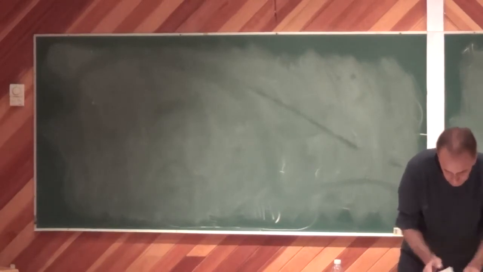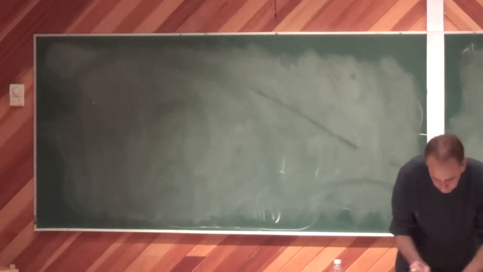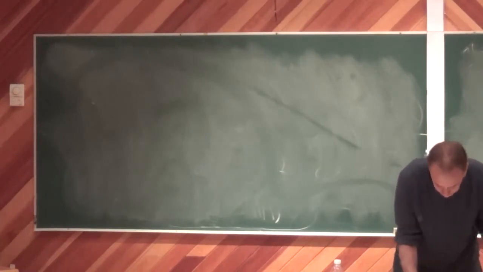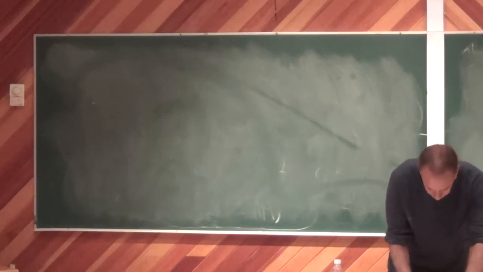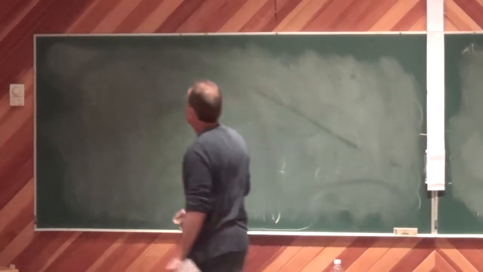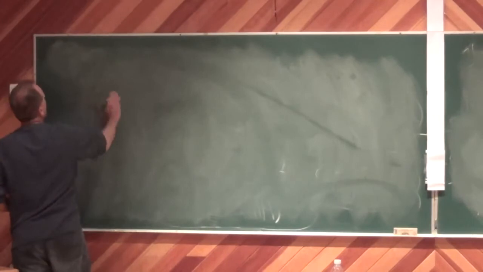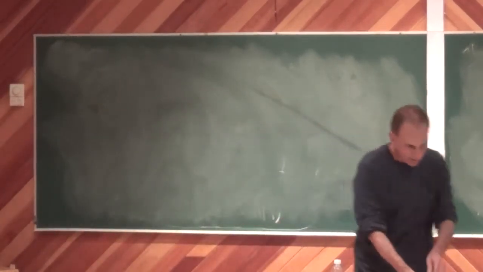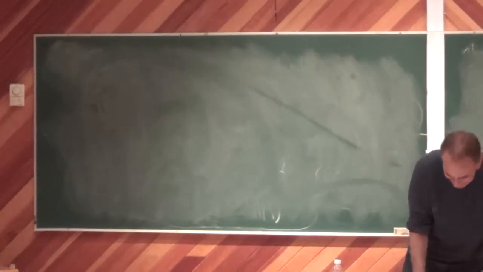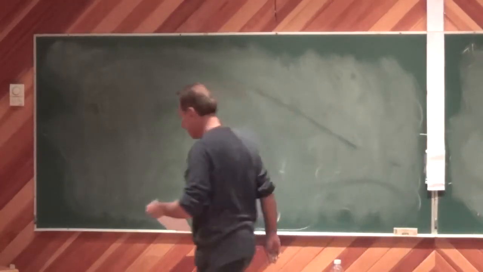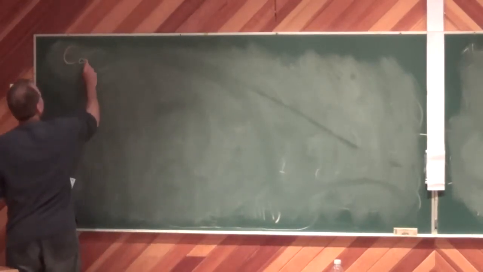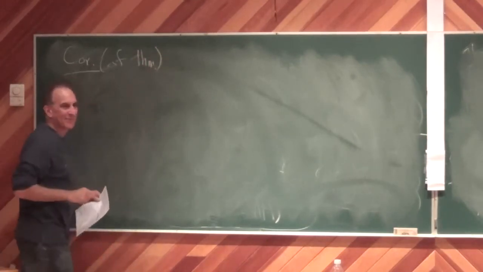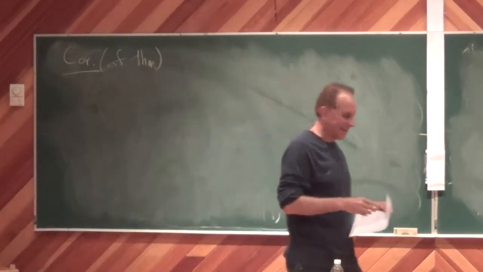So the theorem is, there are parts to this theorem, so I'll give you the corollary. This is the corollary of the empty theorem, the theorem that was never stated.